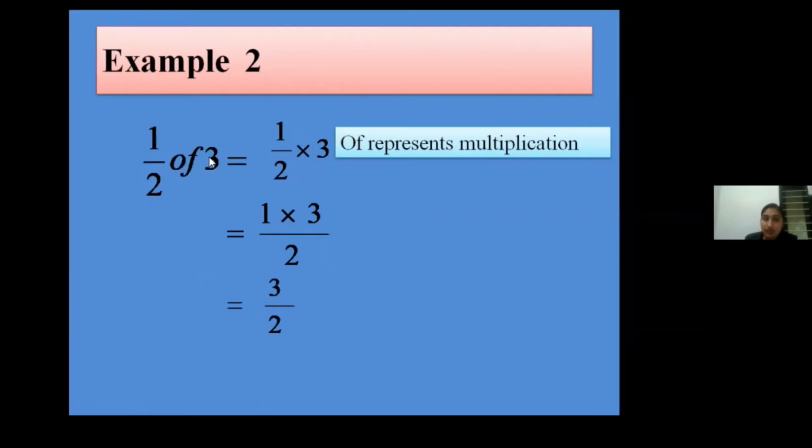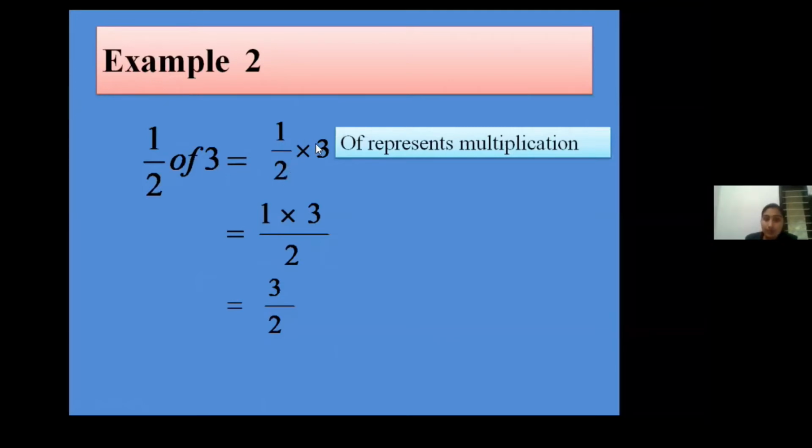Here the question is of the type 1 by 2 of 3. Of represents multiplication, so instead of "of" you can use multiplication, that is 1 by 2 into 3. Here a fraction is multiplied with a whole number. The whole number is 3 and the fraction is 1 by 2, where 1 is the numerator and 2 is the denominator.